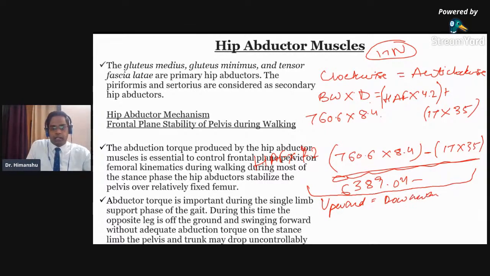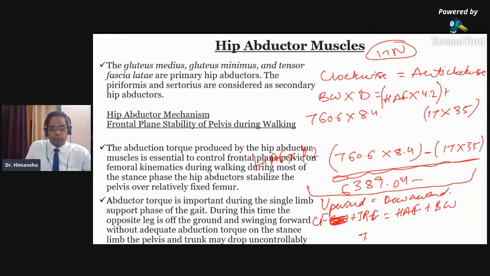Okay. Now, the upwardly directed forces are your cane force, and this will be your JRF. The downwardly directed forces will be your hip abductor force plus your body weight.